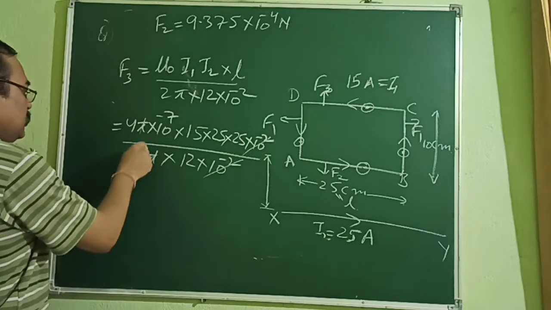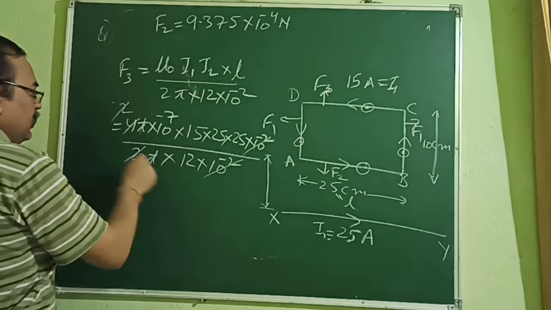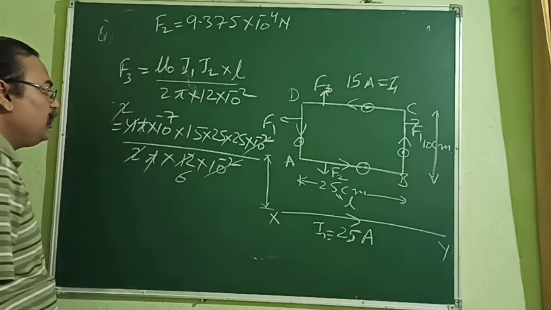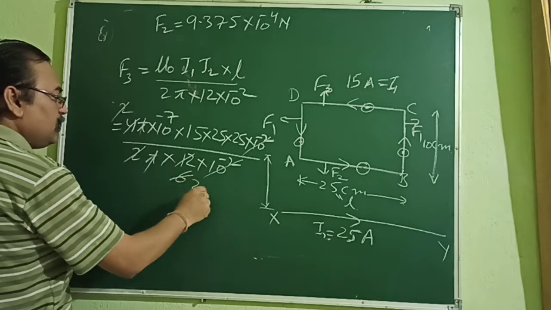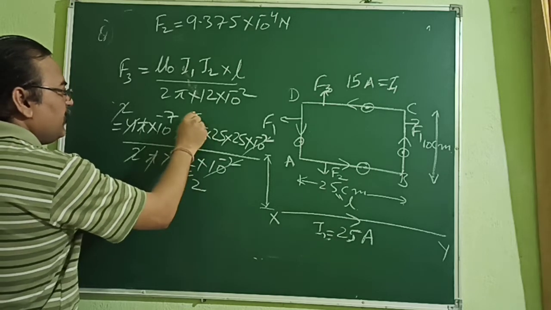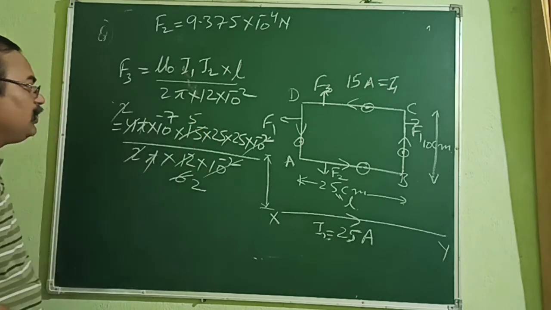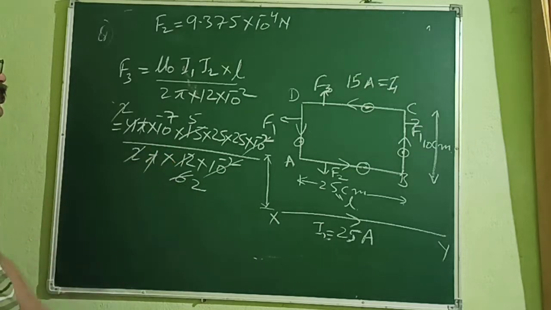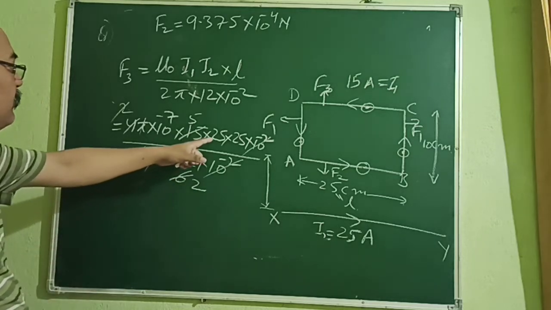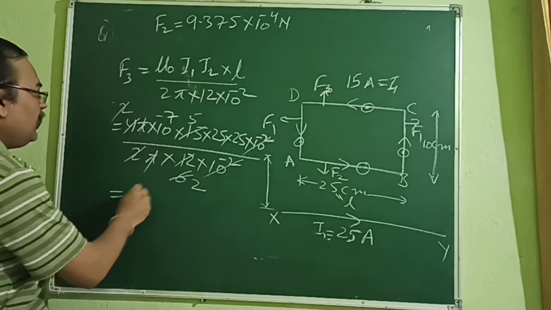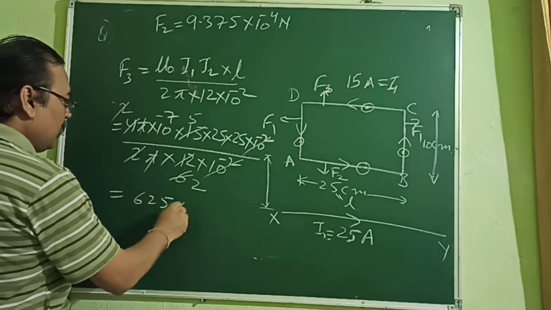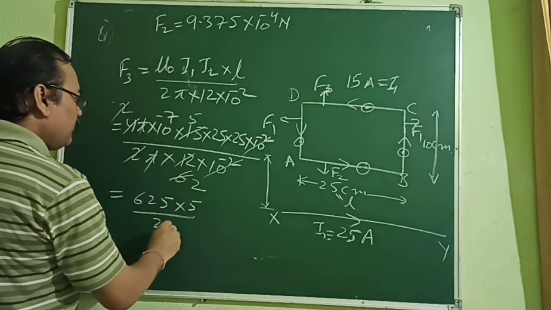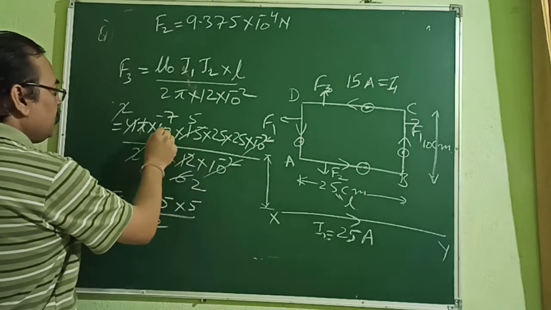Pi cancels out. 2 twos are 4 and 2 sixes are 12. Now we can cancel even more. 3 twos are 6 and 3 fives are 15. So we got 5 here and 2 here. What we are left with is 25 into 25, which is 625, and again 5 is there. In the denominator we have 2, and 10 raised to the power minus 7.